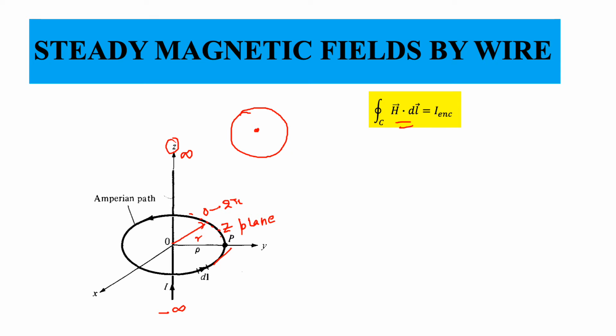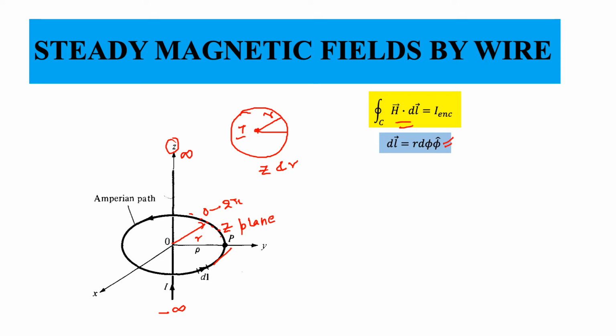The top view shows the contour, and at the center there is a piece of wire carrying a uniform current I. Now for this contour, in the cylindrical coordinate system, for constant z and constant r, the line element dl equals r d phi, directed along phi hat.